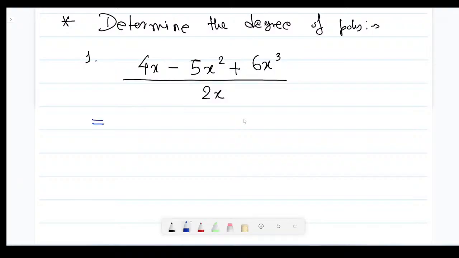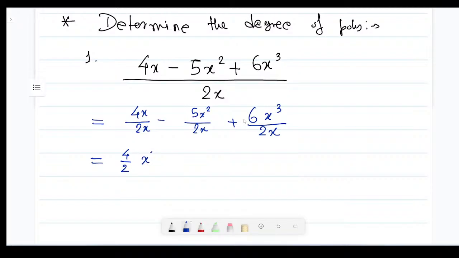So we have to split this expression like this: 4x by 2x minus 5x squared by 2x plus 6x to the power 3 by 2x. Now we have to apply the exponent rules like this: 4 by 2 x to the power 1 minus 1, and this will be 5 by 2 x to the power 2 minus 1, and that will be 6 by 2 x to the power 3 minus 1.